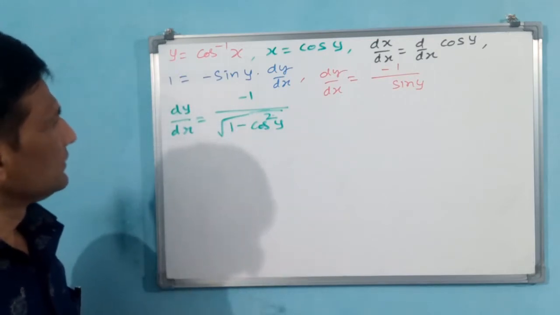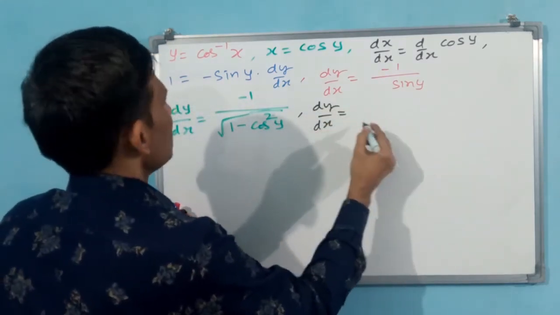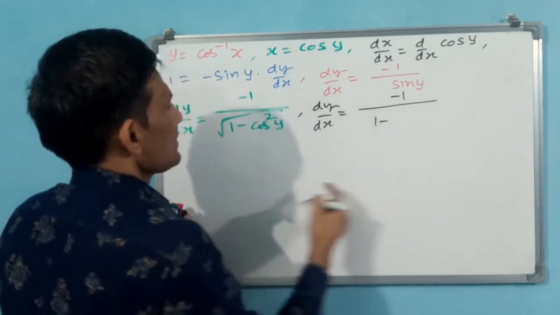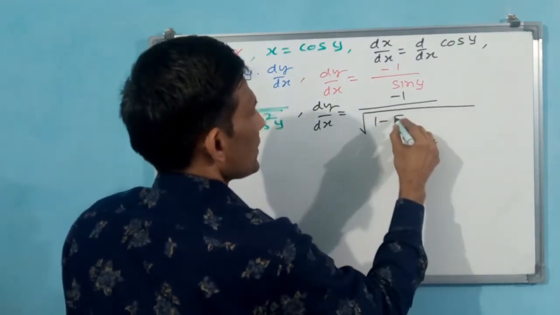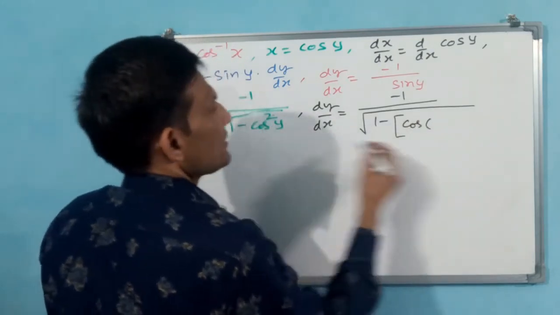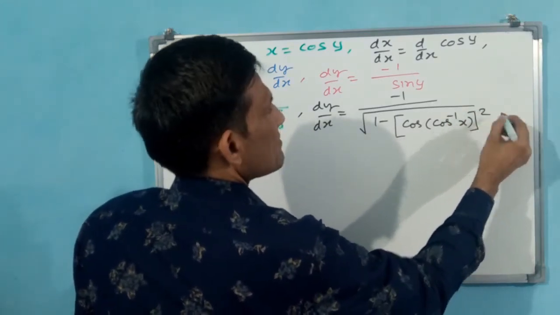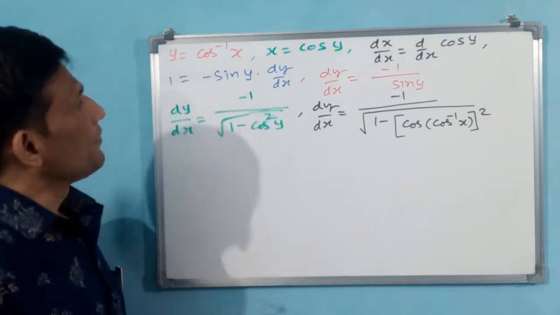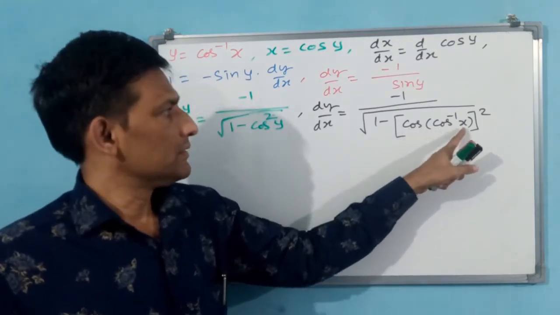See what I am writing now. dy by dx is equal to minus 1 by the square root of 1 minus, in brackets, cos of cos inverse x, whole square. Now cos of cos inverse cancels, x will come.